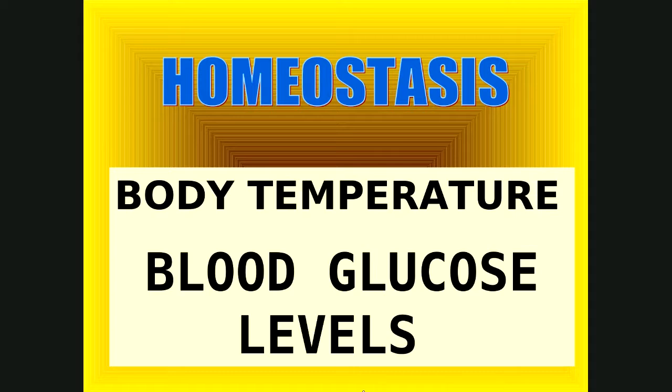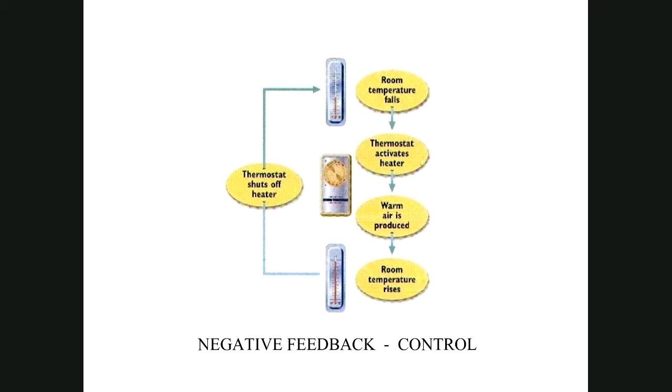And then this one shows you something about how you might control your temperature. This is an example of just a thermostat in your house. If the thermostat is set and your room temperature is, let's say, 70 degrees, if the temperature falls below that, the thermostat turns on the furnace and makes it go back up to 70.